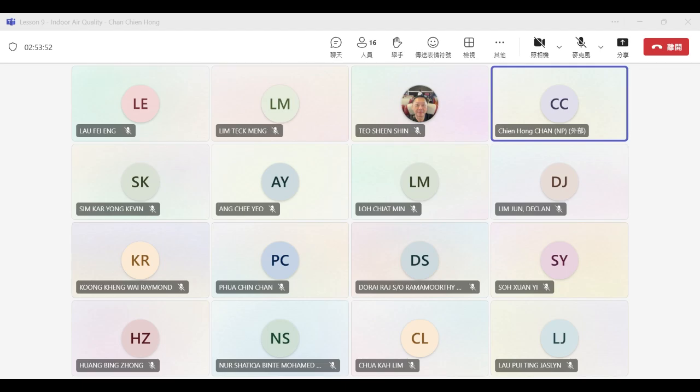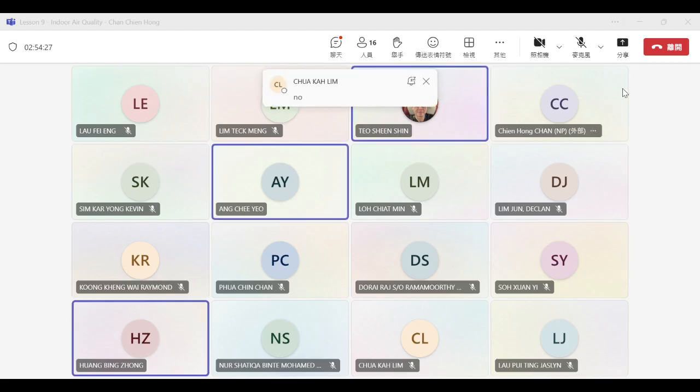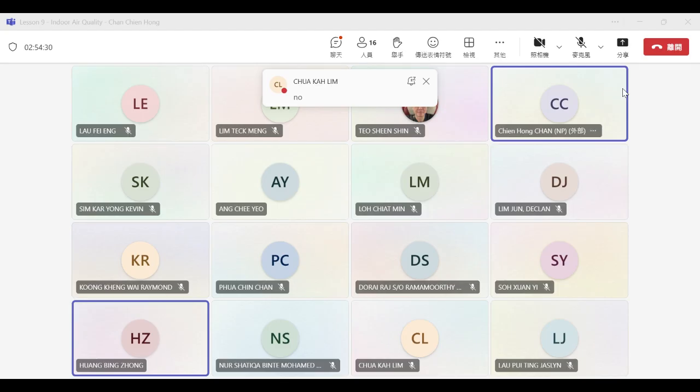So hold on, let me try to capture the attendance. Don't want to miss out anyone. Is everybody here today? I think so. Yes, I think everybody is here. I hope you have taken your QR code attendance. Yes? No? Oh, haven't taken. Okay.